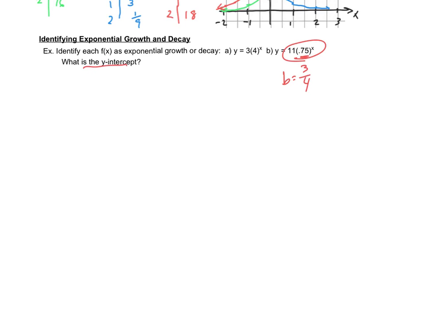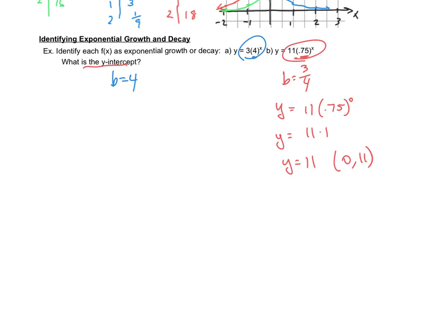And what is my y-intercept? Well, my y-intercept is when x is equal to 0, which is going to give me 11 times 1, or y equals 11. So my point is going to be (0, 11) for my exponential decay problem there. And in this one, the b value is 4.